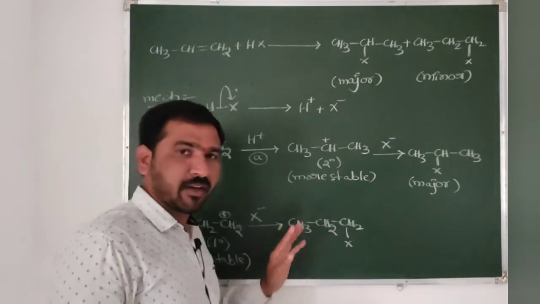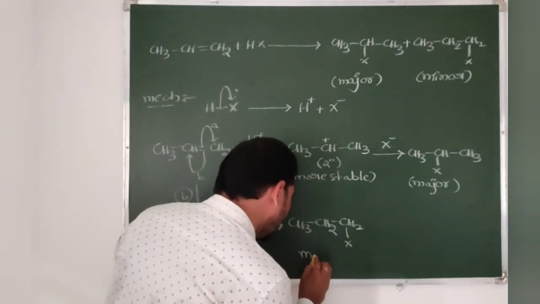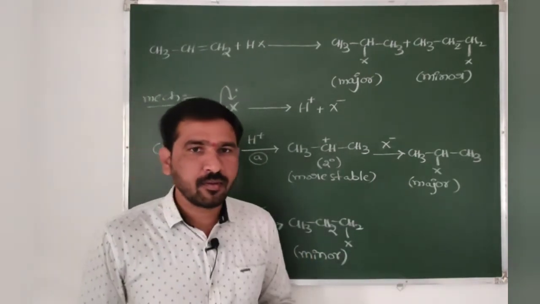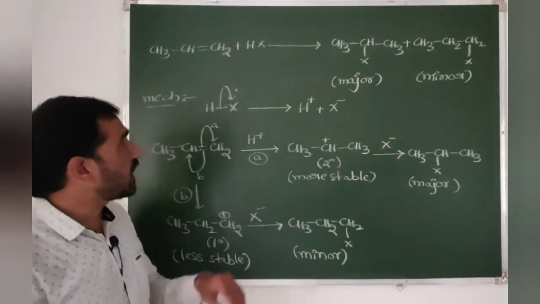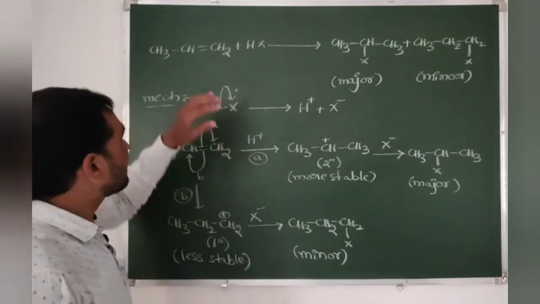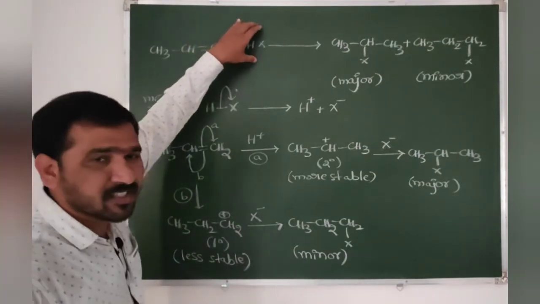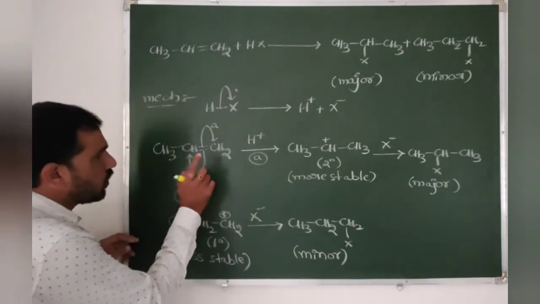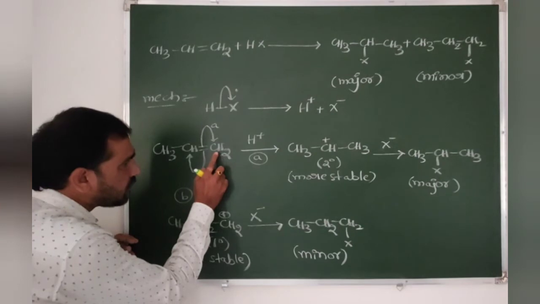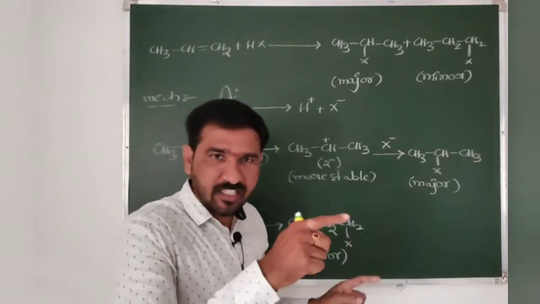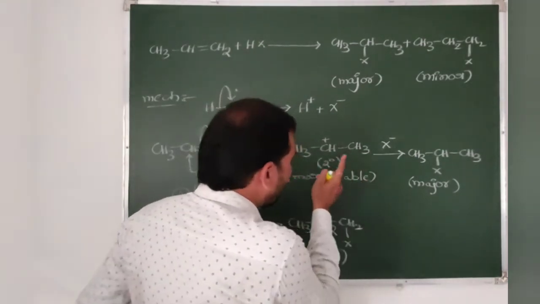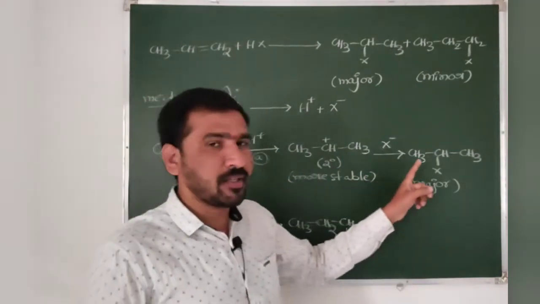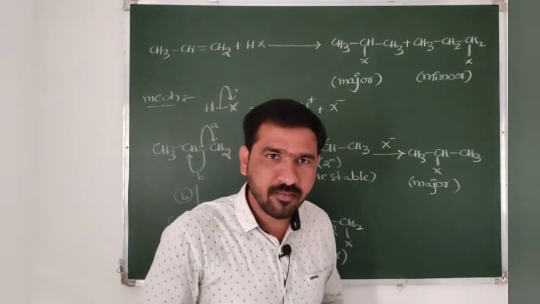Minor product. So that this is minor one. So whatever it is, according to Markovnikov rule, when unsymmetrical alkene treated with HX, then H plus added to more number of hydrogen containing double bonded carbon and X minus added to less number of hydrogen containing double bonded carbon. It results major product. Is it clear?